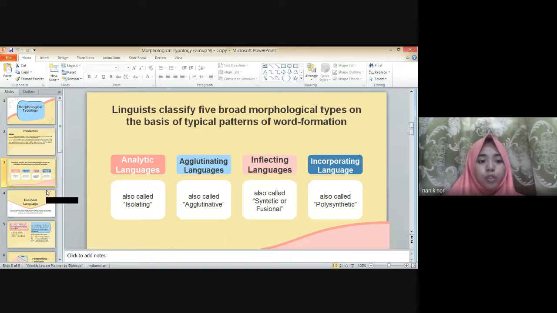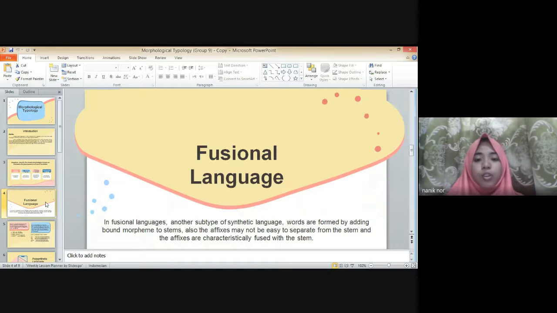Let's move on to fusional language. Fusional language is one subtype of synthetic language. Words are formed by adding bound morphemes to the stem. Also, the affixes may not be easy to separate from the stem, and the affixes are characteristically fused with the stem.